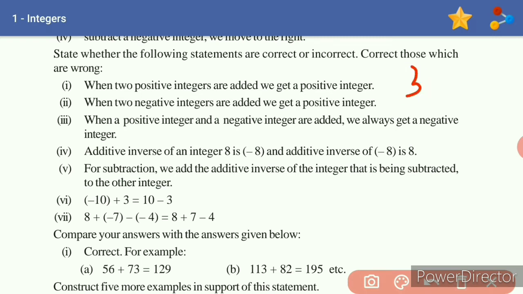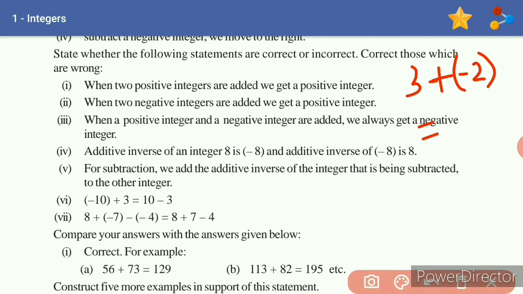Now let us take one negative integer. One positive, one negative, and if we add these numbers, we always get a negative integer. So let us see whether the statement is correct or not.